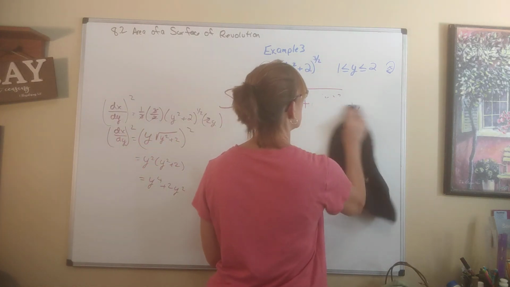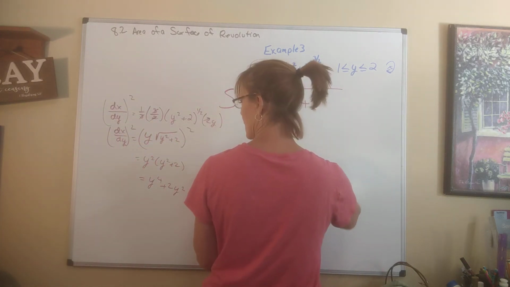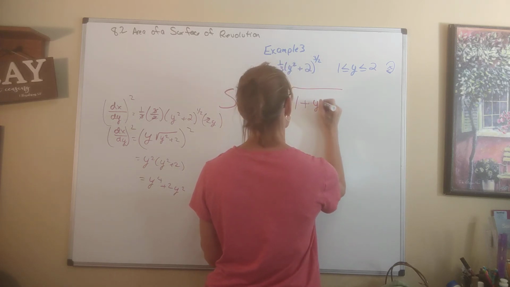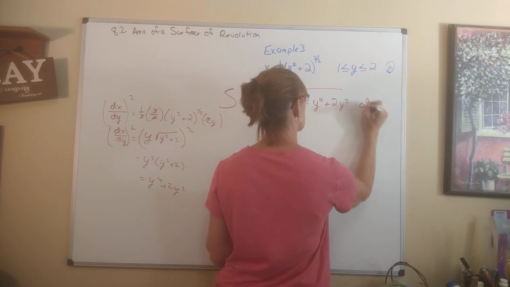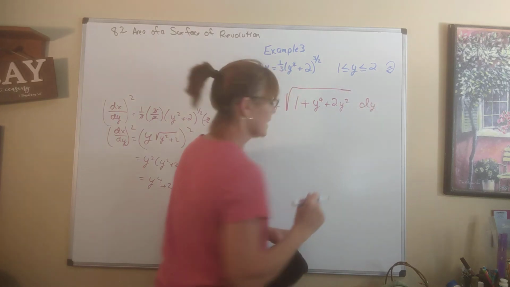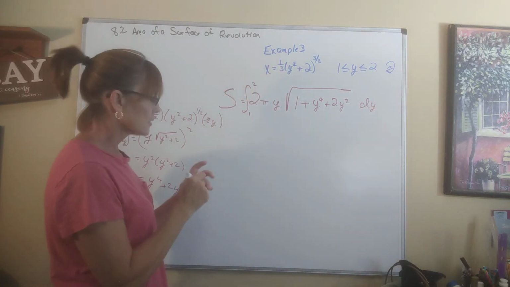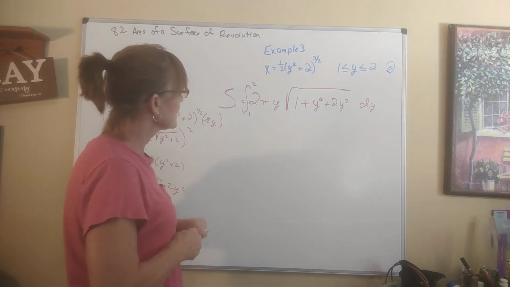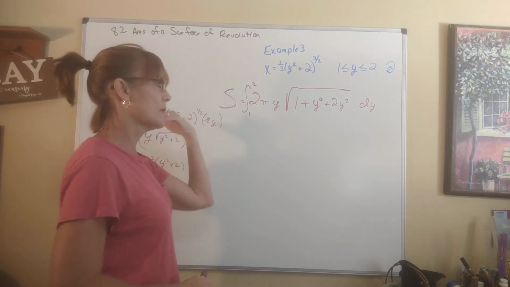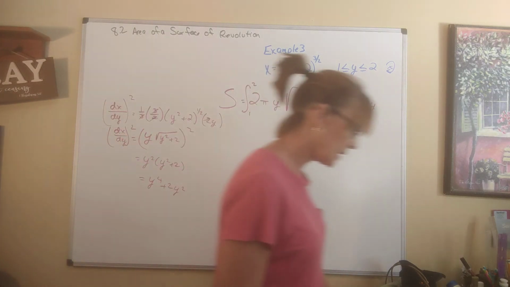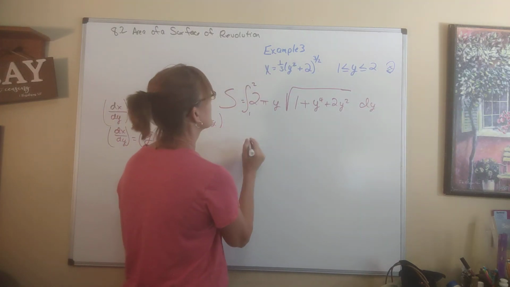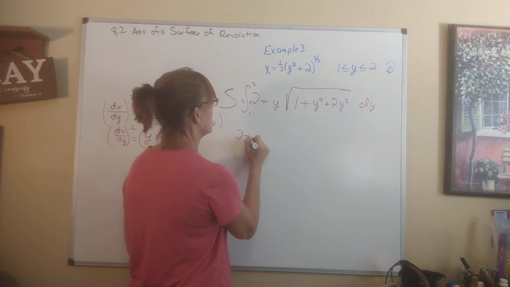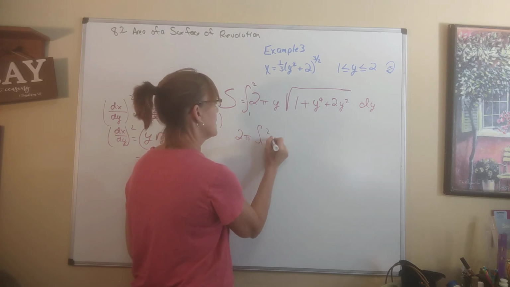Alrighty, so under here it goes. I have y to the 4th plus 2y squared, dy. Alright, so we have to integrate this guy. The 2 pi can come on the outside, and that's not going to be any trouble. Well, let's move that out. And here's this y.